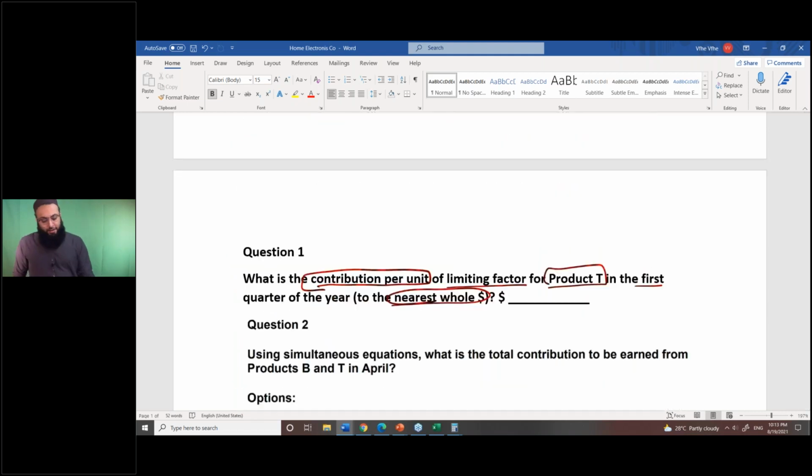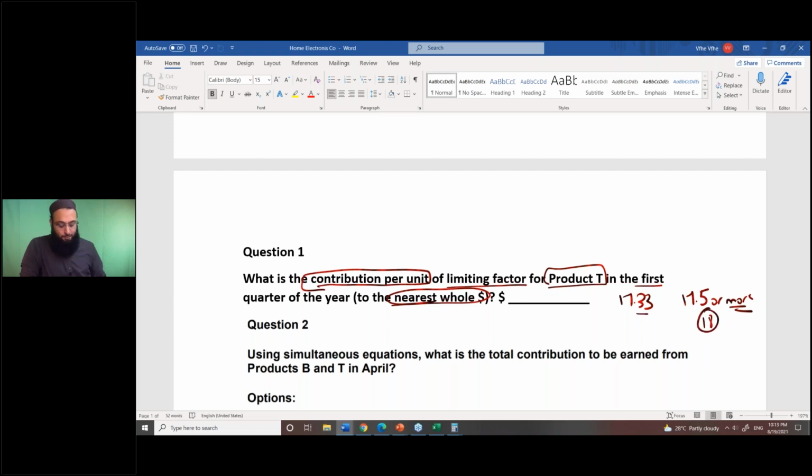The answer is 17.33, but if you input 17.33 here, you will not get the marks, you will lose 2 marks because it says nearest whole number. It's very simple. If this would have been 17.5 or more, you would have made it 18.